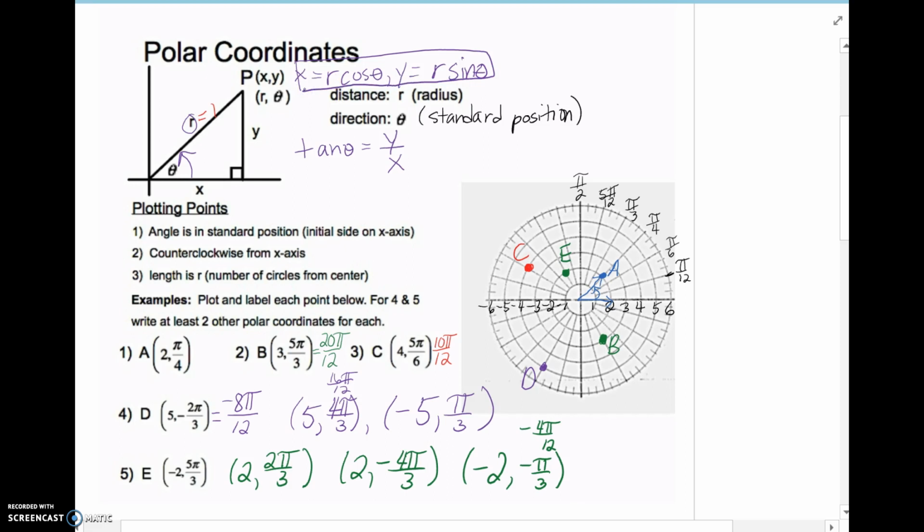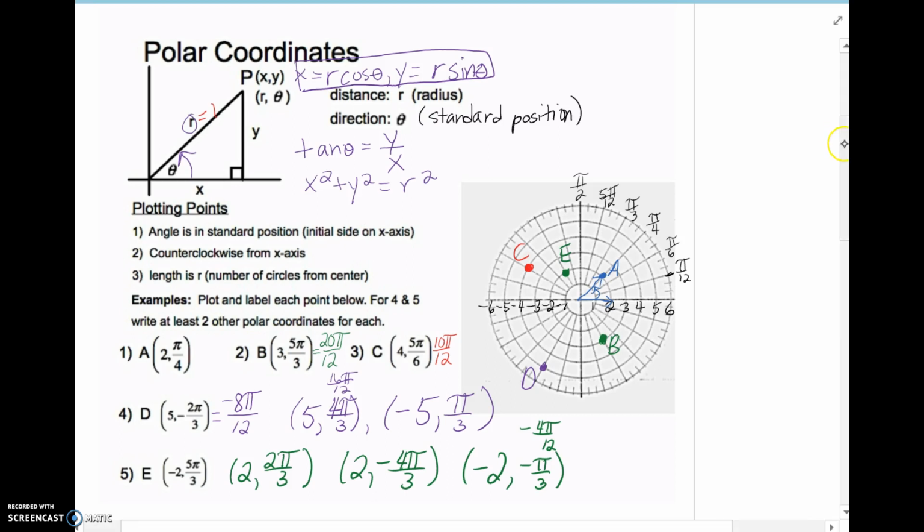And then the other set is going to be using that tangent theta, and then to figure out the radius, it's the Pythagorean theorem, x squared plus y squared is equal to r squared. So we're using the outside parts of the triangle to help us figure out r and theta. And then we are using the inner parts, the angle measurement and the r value, to help us figure out our x and y later on.